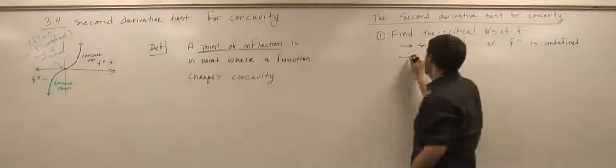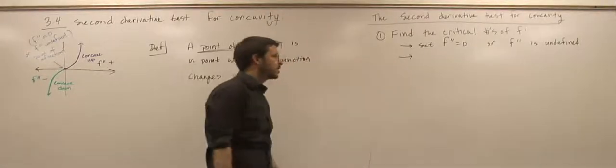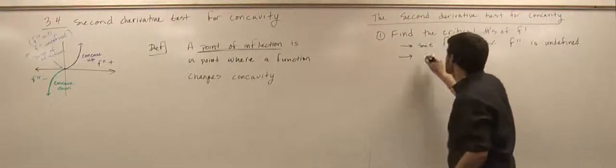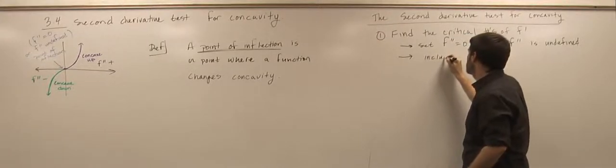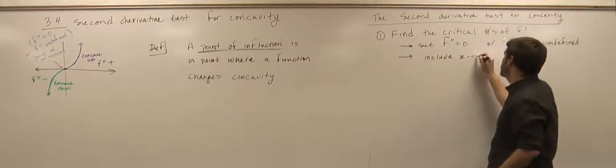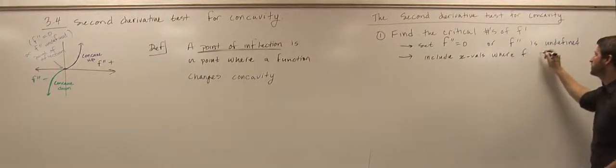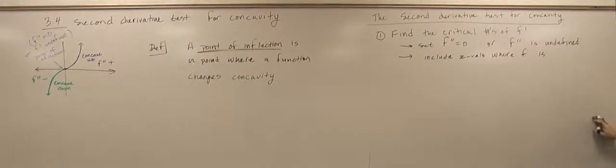Just like before, if you have a point of discontinuity, you want to include that in your critical numbers list. Include x values where f is discontinuous, like if you have a vertical asymptote.